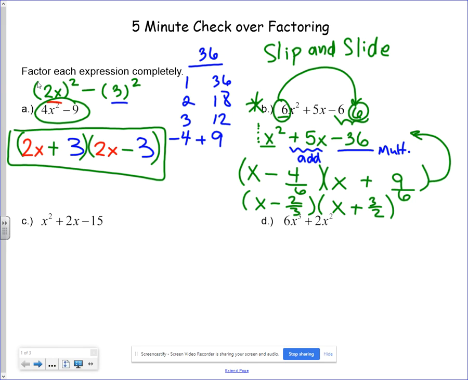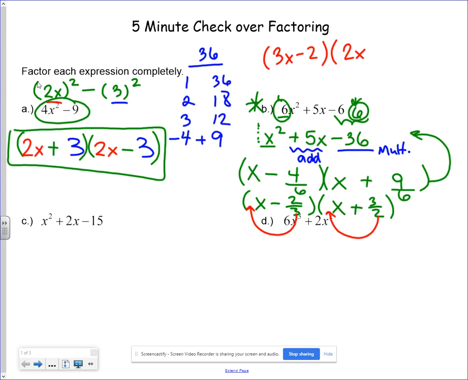And then the last step for slip and slide, if you have to do it, is you gotta get rid of your fraction if you have a fraction. So we're gonna take this 3 and move it in front of x. Take this 2 and move it in front of x. So the factors for this expression would be the quantity 3x minus 2 times the quantity 2x plus 3.